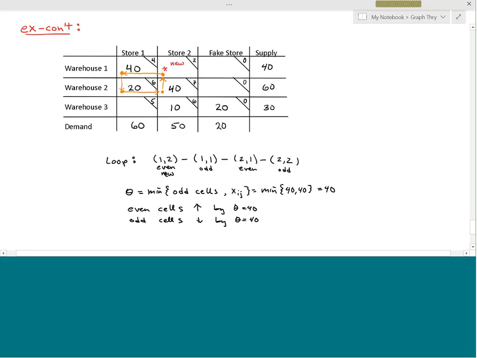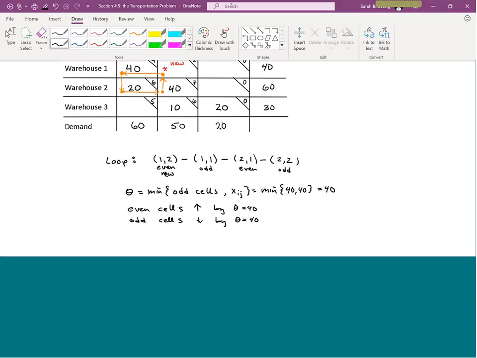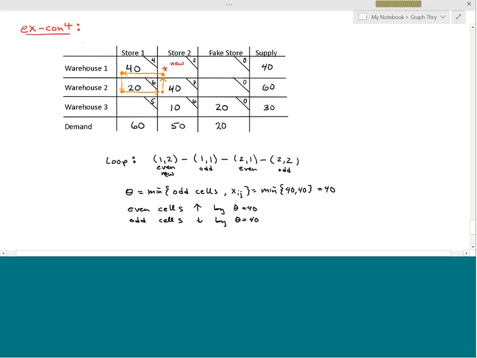Okay? I'm going to put that work actually up here in the Tableau. So what we would do is the new value right here, so we're going to add it to be 40. The value of the new guy is always whatever the value of theta is. So I'm going to go ahead and just put in theta equals. I actually don't normally do that, but right now to try to highlight that that's going to be the value of 40.